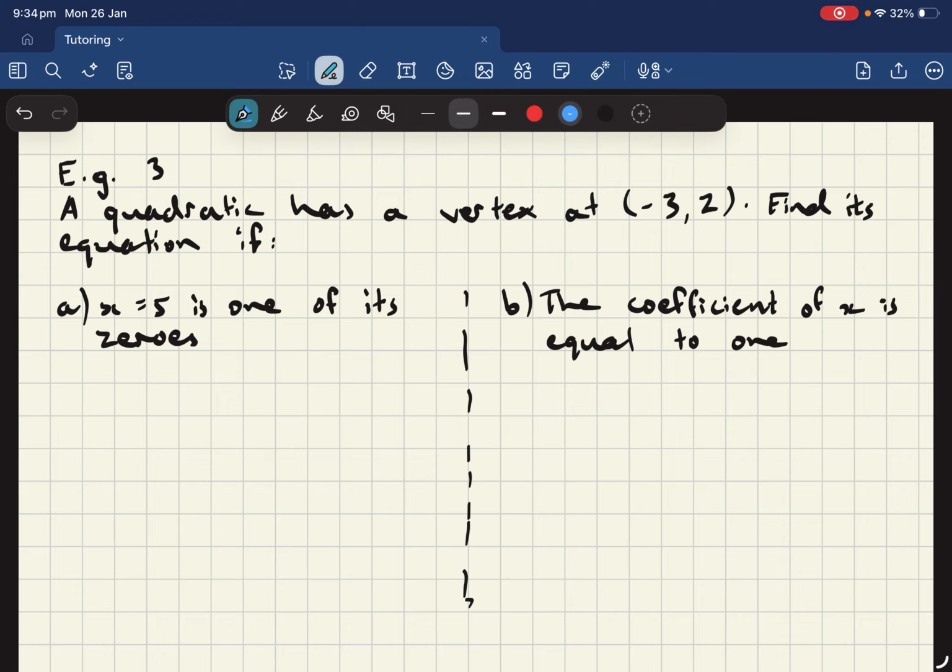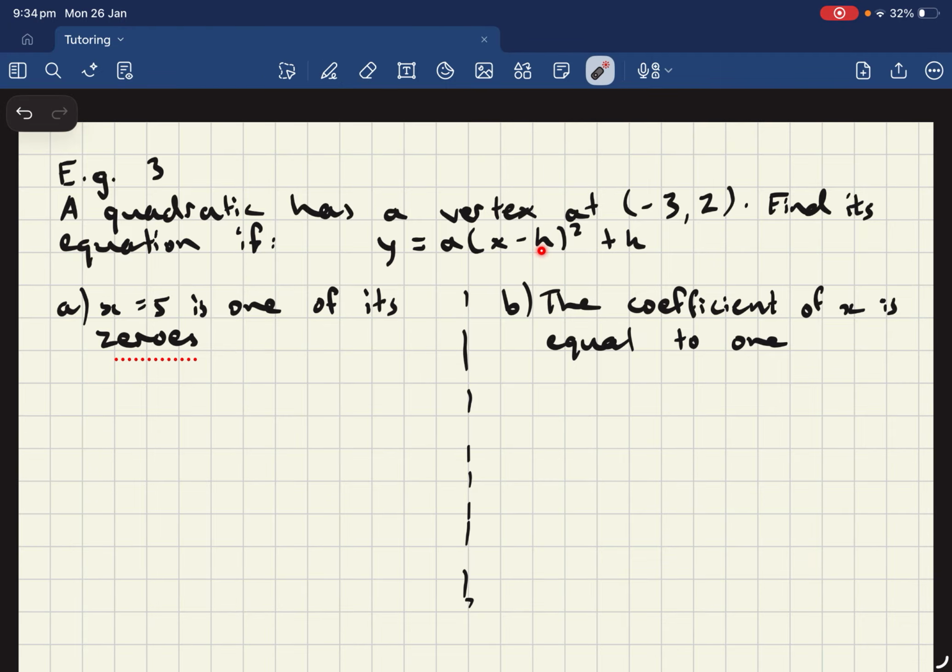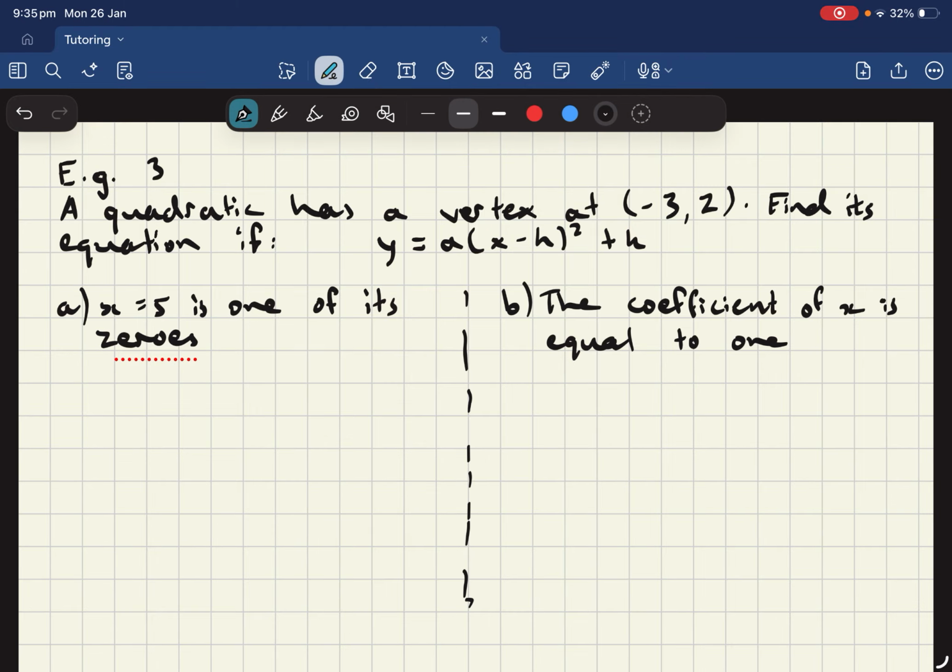So before we do anything, we need to imagine what this would look like if we had it in the form y equals a(x minus h) squared plus k. So our h value here is -3, so this will be x minus -3. The first thing I'm going to write, because we don't know what a is, we're going to leave that there.